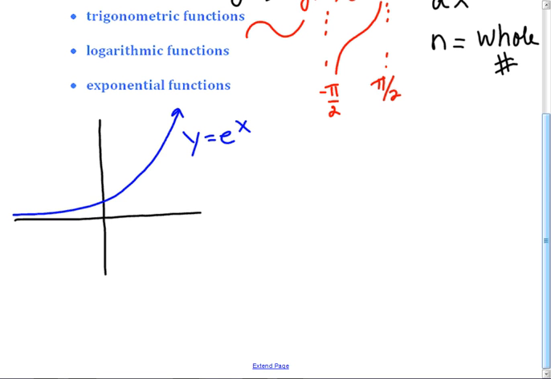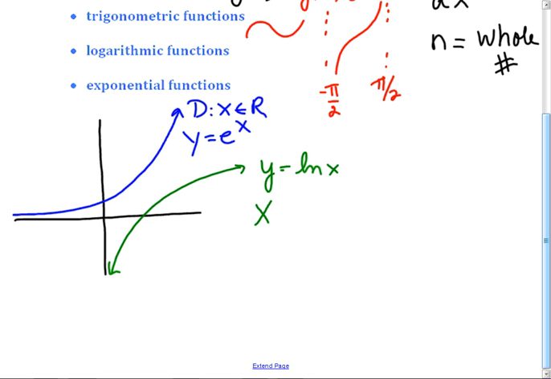Okay, do you remember what the log function then looks like? It's the inverse, so reflect over y equals x. Now this domain on e to the x is the reals. But what about on the log function? Y equals natural log of x. X has to be what? Greater than 0. But it's smooth.